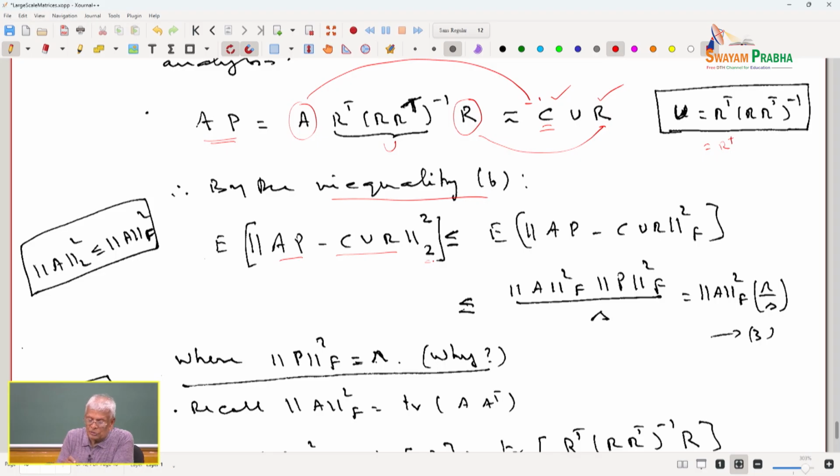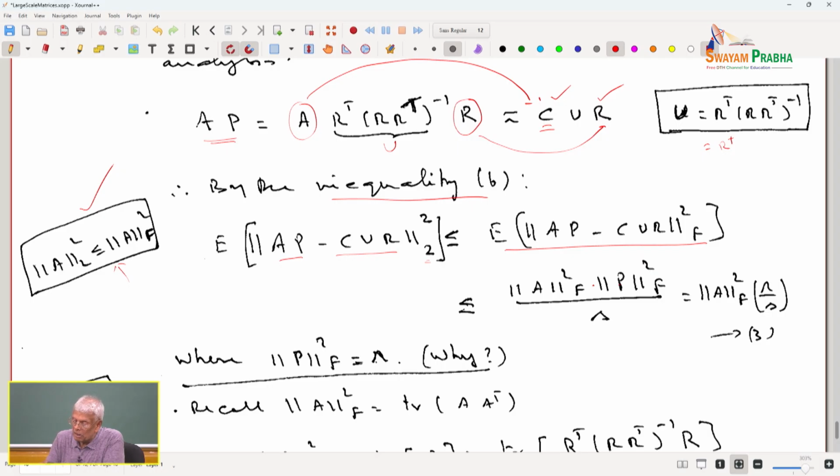We do know the 2 norm is less than the Frobenius norm. That is a general inequality that comes from the relation between norms, which is very important in here. Given any matrix, its 2 norm is less than or equal to its Frobenius norm. So, Frobenius norm is what we have, and we have an inequality that relates the Frobenius norm, as we have seen earlier, to the product of the squares of the Frobenius norm of A and P divided by S.